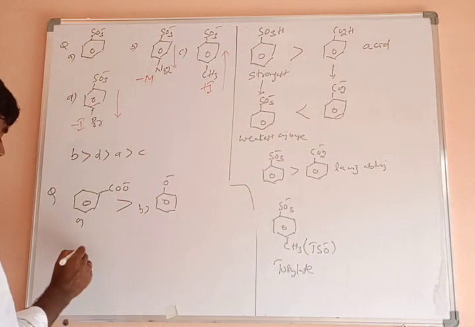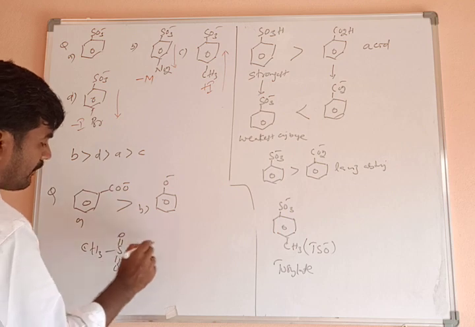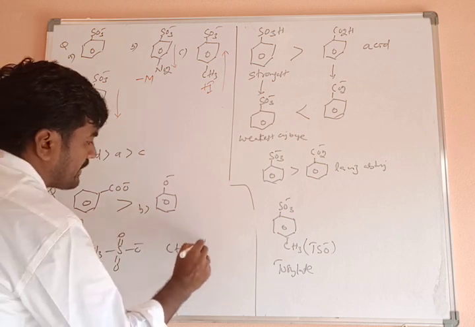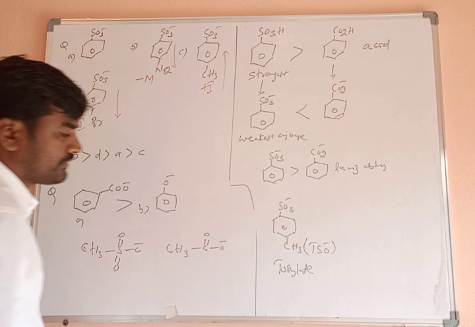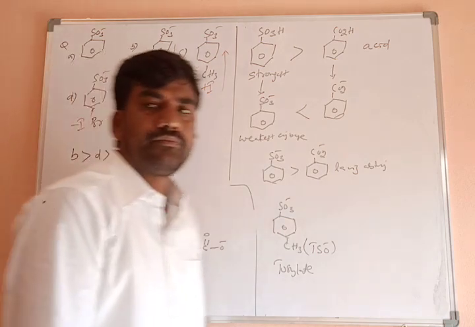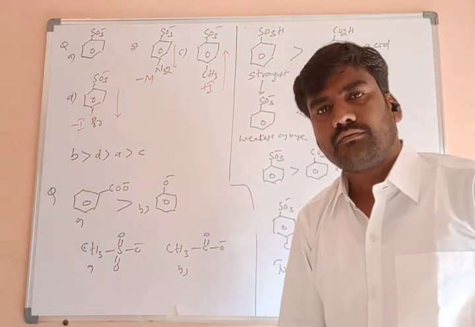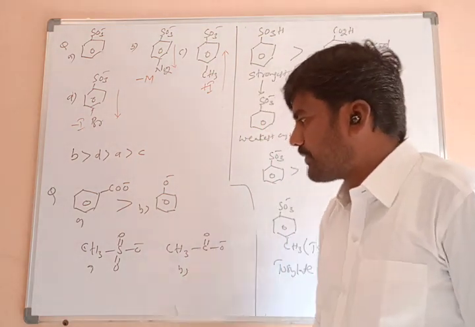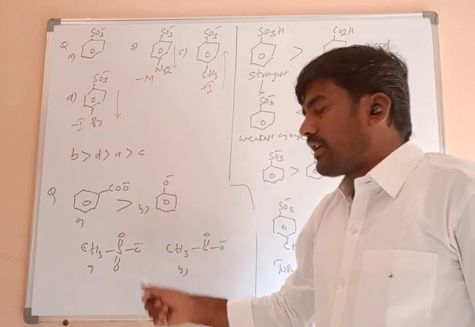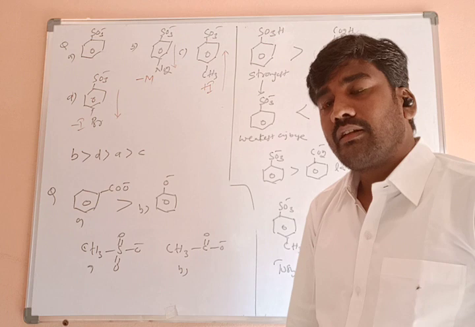Next, CH3SO2 negative and CH3CO2 negative. This is the methyl sulfonate anion, and this is the acetate anion. Compare the leaving ability of these two compounds using the stability of the anion.